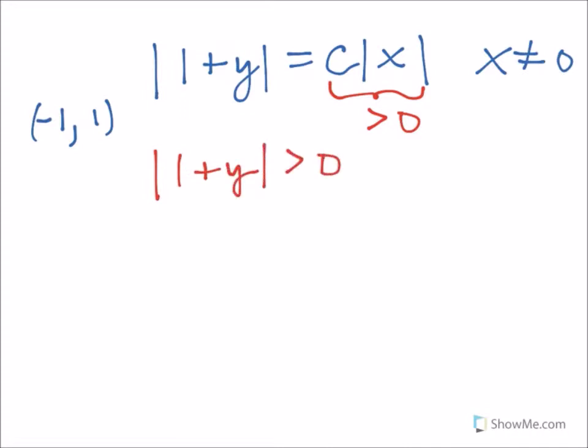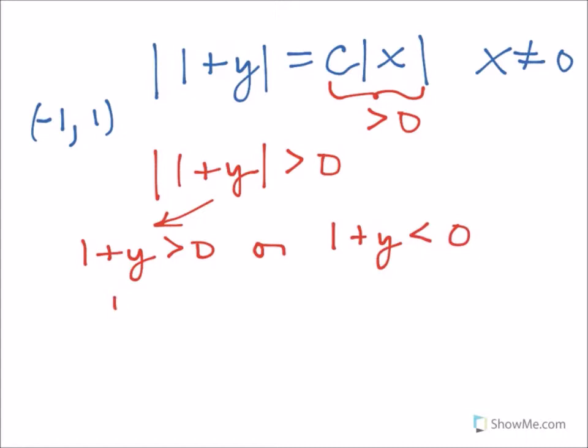We're doing some Algebra 1 now, believe it or not. And to solve an inequality like this, we set up two separate inequalities. The first inequality is 1 plus y itself could be greater than 0, or 1 plus y could be less than 0, which leads to two solutions. y is greater than negative 1, or y is less than negative 1, like that.